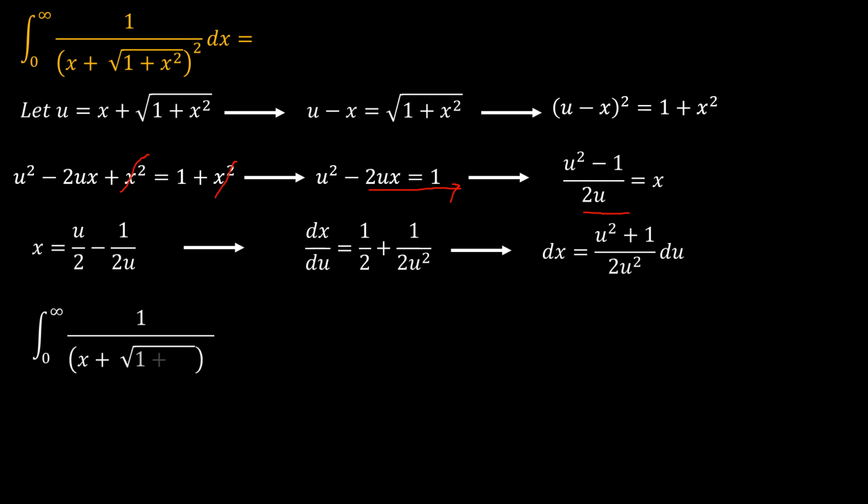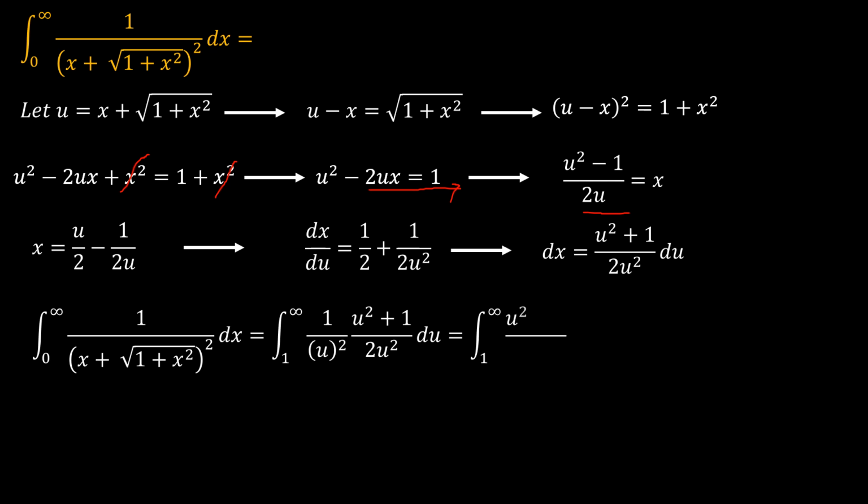We could also look at the limits. When x equals 0, since u is equal to x plus the square root of 1 plus x squared, u becomes 1. And so in the u domain, it's the integral from u equals 1 to u still tending to infinity of, since x plus the square root of 1 plus x squared is u, 1 over u squared times dx, which is u squared plus 1 over 2u squared du.